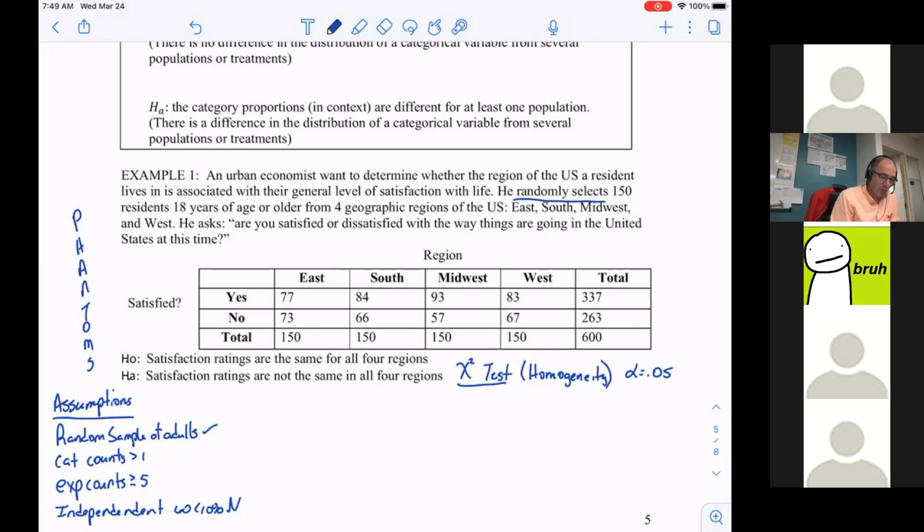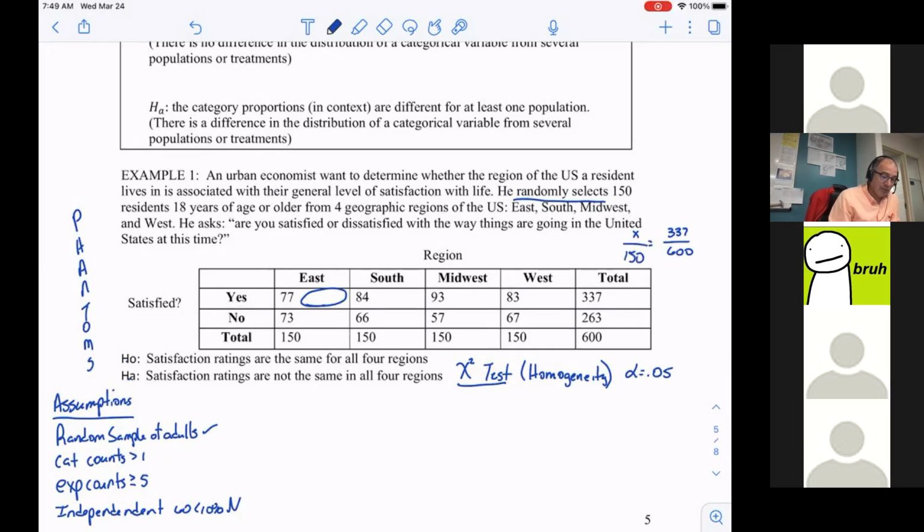Meaning if I want to know what proportion of all people were satisfied, that would be 337 out of 600 people were satisfied. Well, what has to happen is in each subgroup, that proportion is going to stay the same as well. So I need to know what this expected outcome here is. So we're going to call that X, and that's divided by 150.